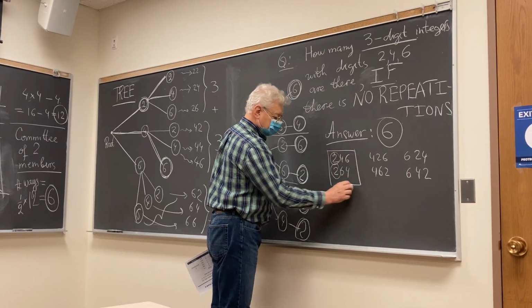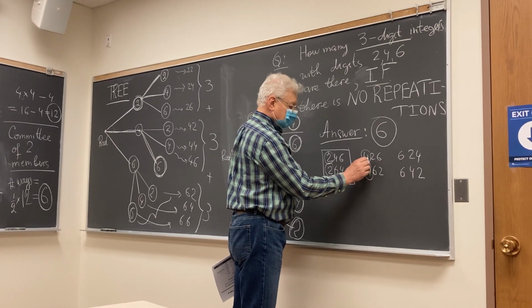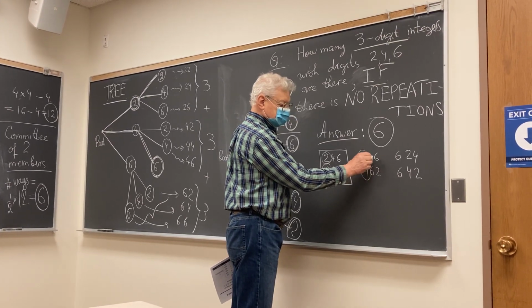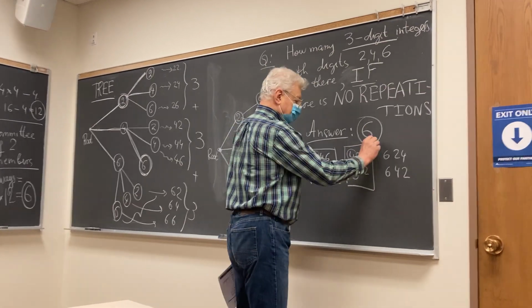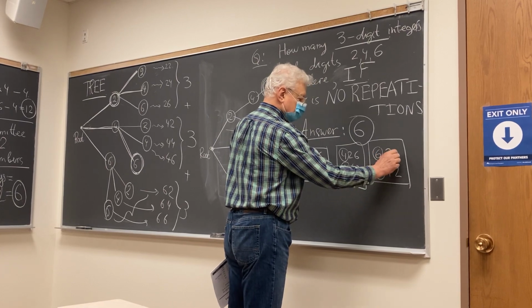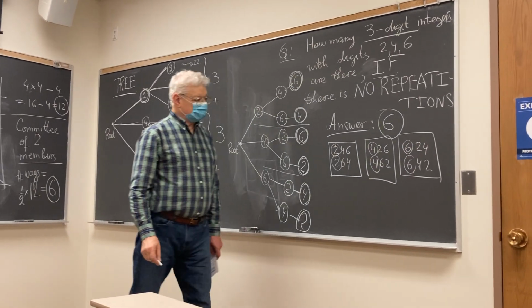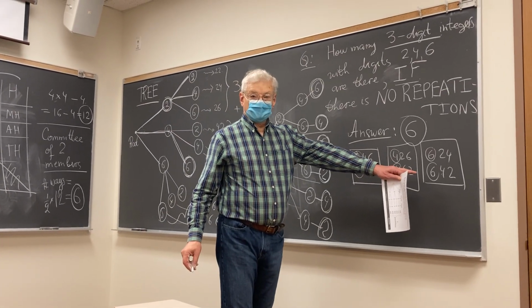So the first group is arranged. Now if you start with 4, the other two possibilities will be 2, 6 or 6, 2. Another group. And here you have first digit 6, and then you have 2, 4 and 4, 2. So you have 3 groups. Each one consists of 2 possibilities.